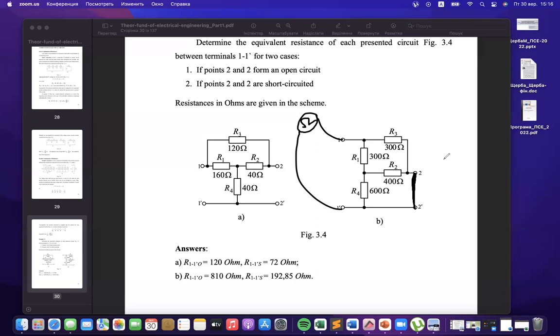I think R2 multiply R4 then over R2 plus R4, or multiply or plus. Which of these both answers? I think, okay, adding. No, because if I'm not mistaken, first you told multiply and then told add.